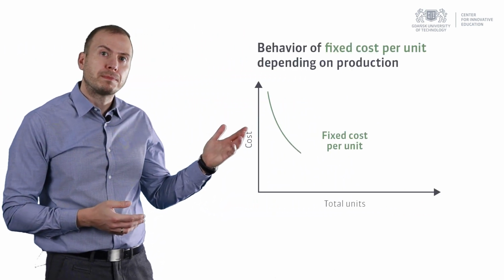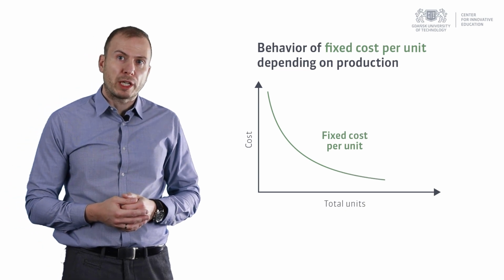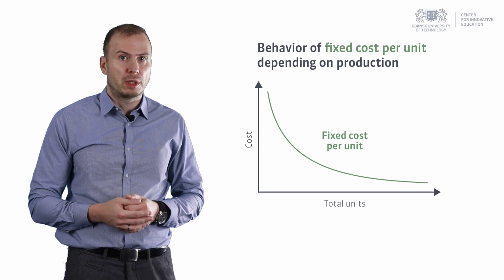You see, the fixed cost per production unit decreases as production increases. Let me explain it with an example.